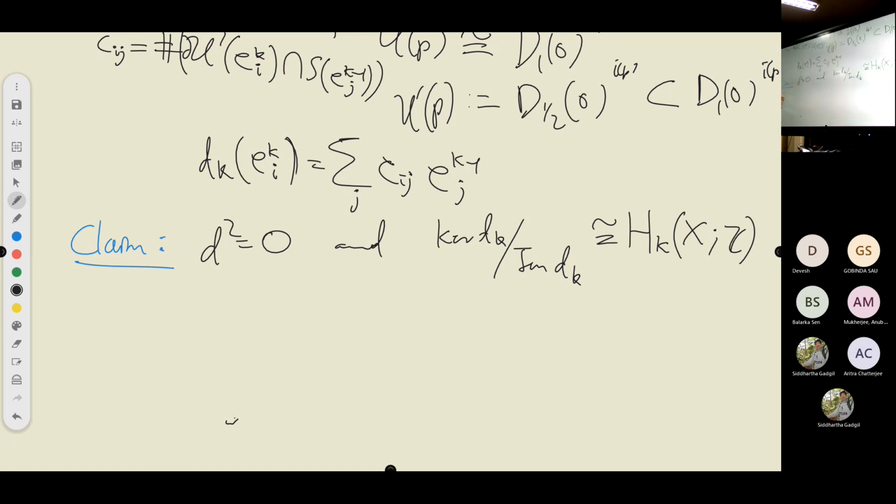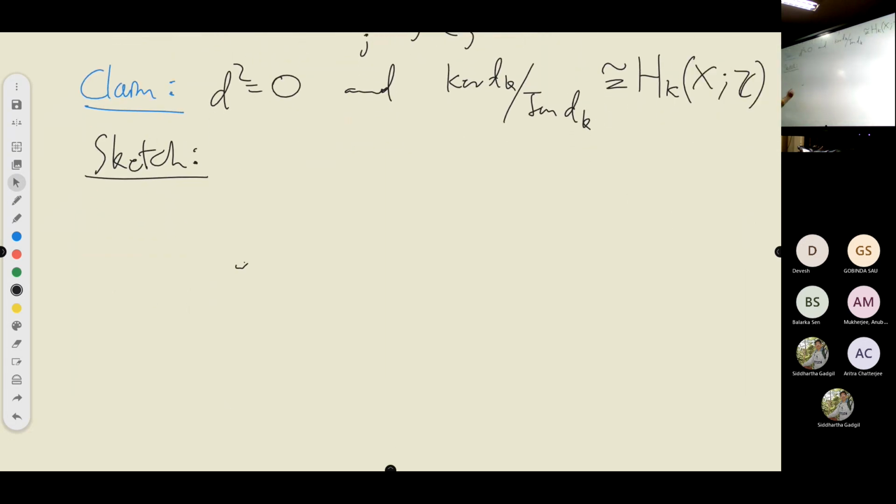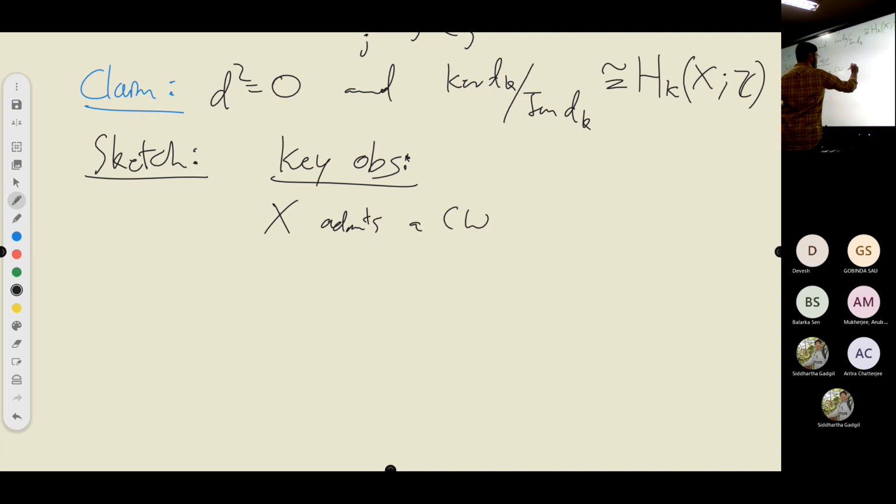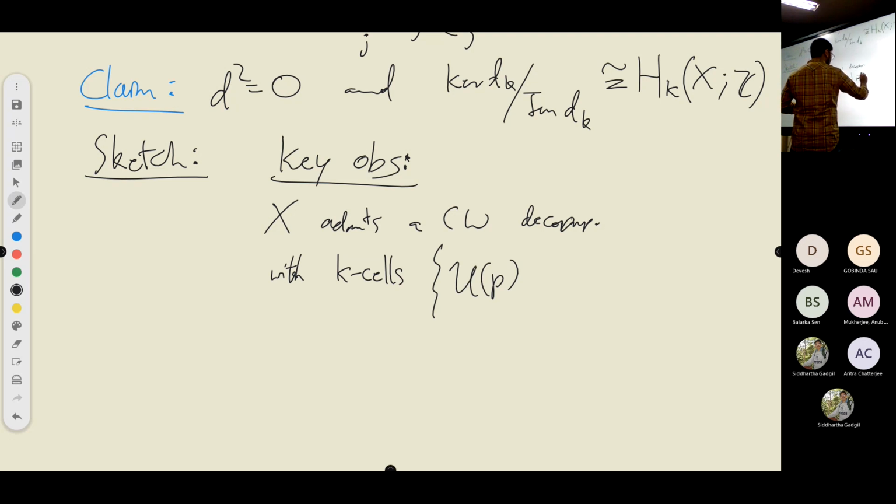So, all right, let's go on with the sketch. Most of this rests on the following key observation: X admits a CW decomposition with k-cells being the unstable manifolds with index of p equal to k.